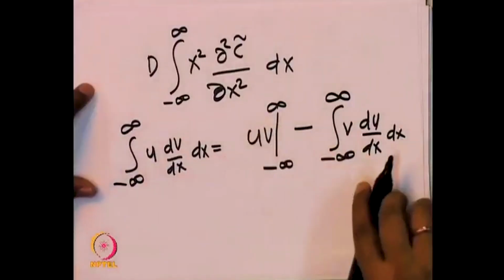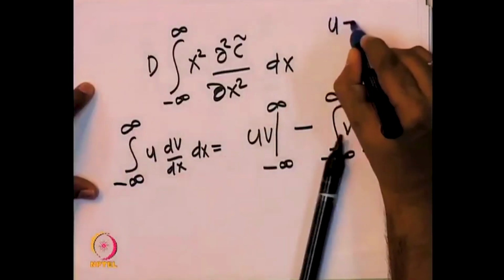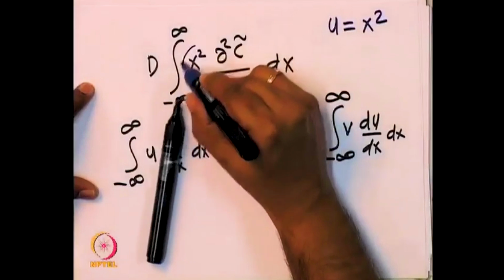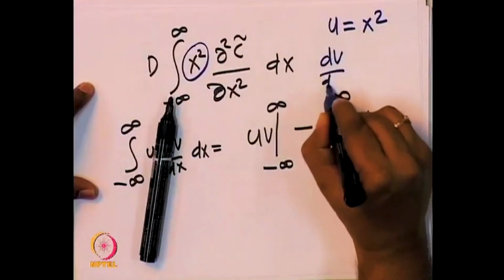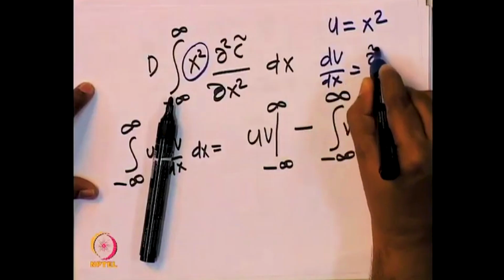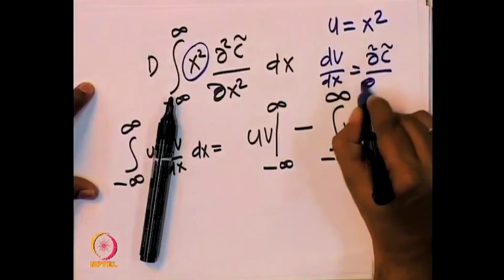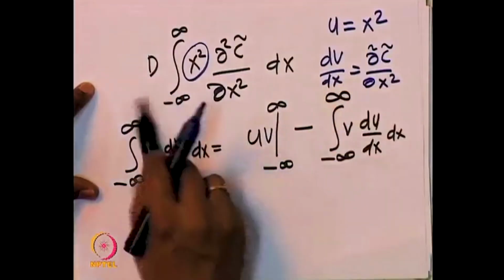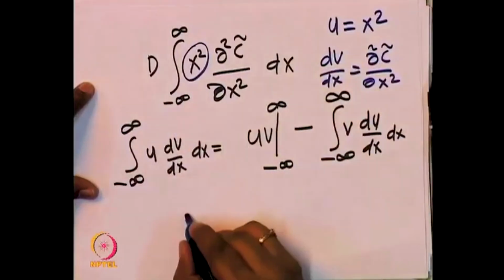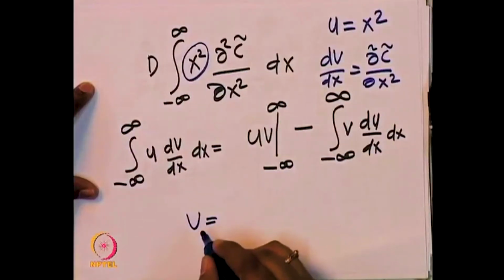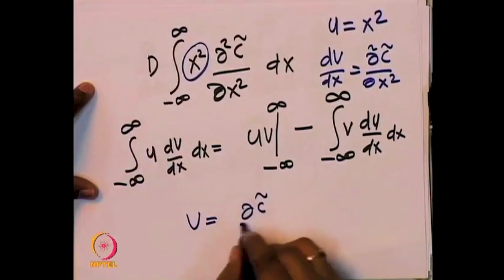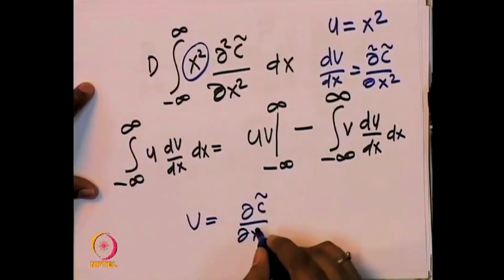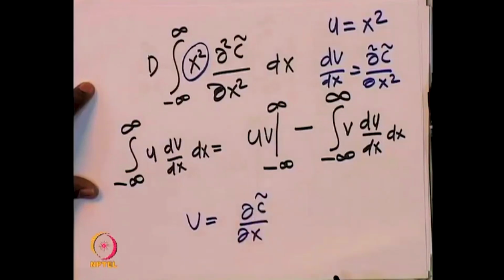Now, here u is x square, this we take as u, and dv by dx is del square c tilde by del x square. So, what is v if this is dv by dx? V will be del c tilde by del x. So, the derivative of this will be del square c tilde by del x square.